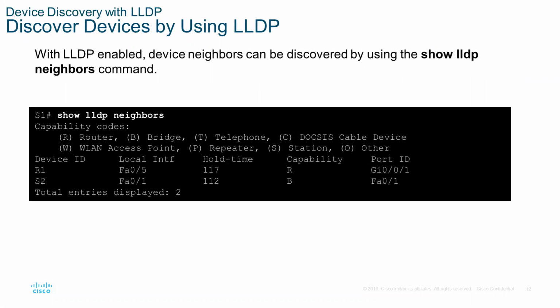So again, using the neighbors command, it'll tell us what the device name is, the local interface, the hold down timer countdown, what the neighbor's capability is, and what the local interface is that we connect to on that device.